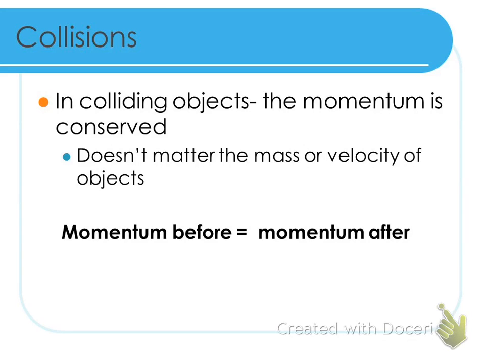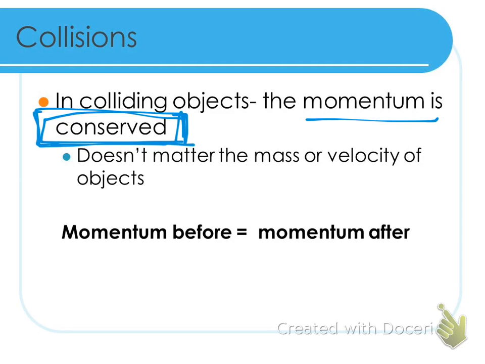And we mentioned this on the very first day that momentum is conserved in each of these. And when we say conserved, we mean that it is not gained or lost, right? No momentum is gained or lost in this collision. Okay, so while these two objects are colliding, no momentum is gained or lost. There is kinetic energy that's gained or lost, but there is no change or no transfer, no loss of momentum.